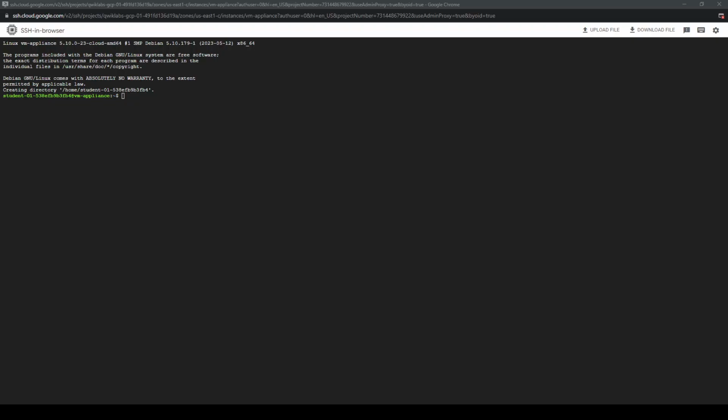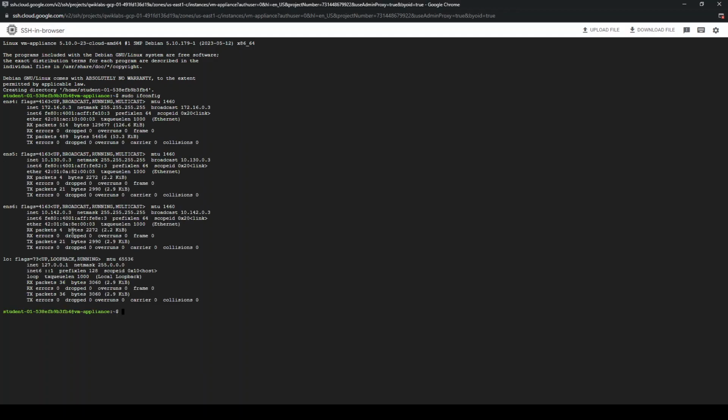Okay. I'm going to check here ifconfig. And now I'm going to ping all the internal IP addresses, since I added all the network interfaces.